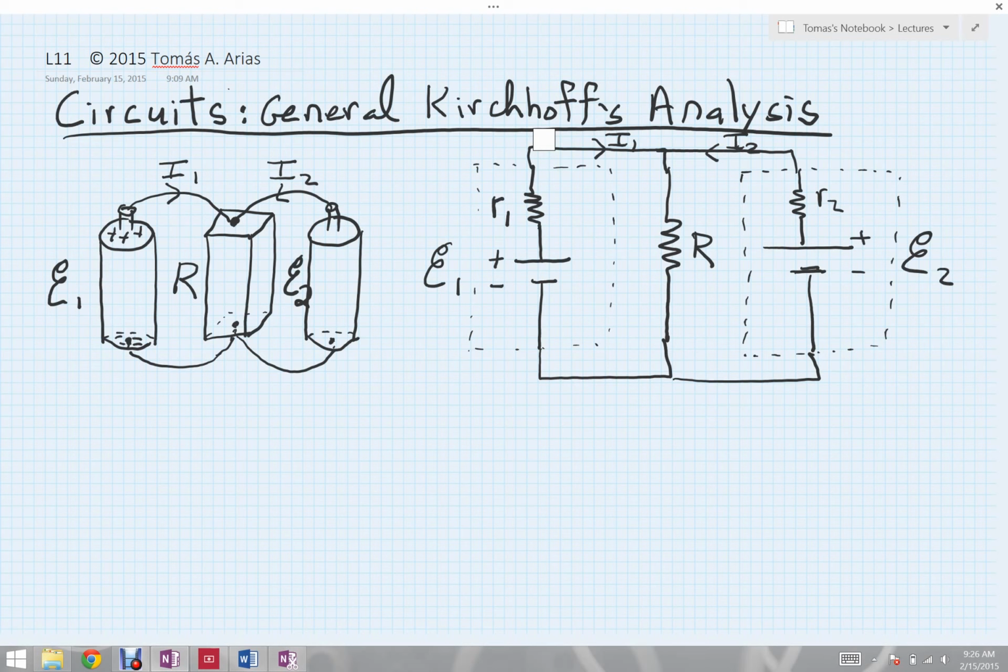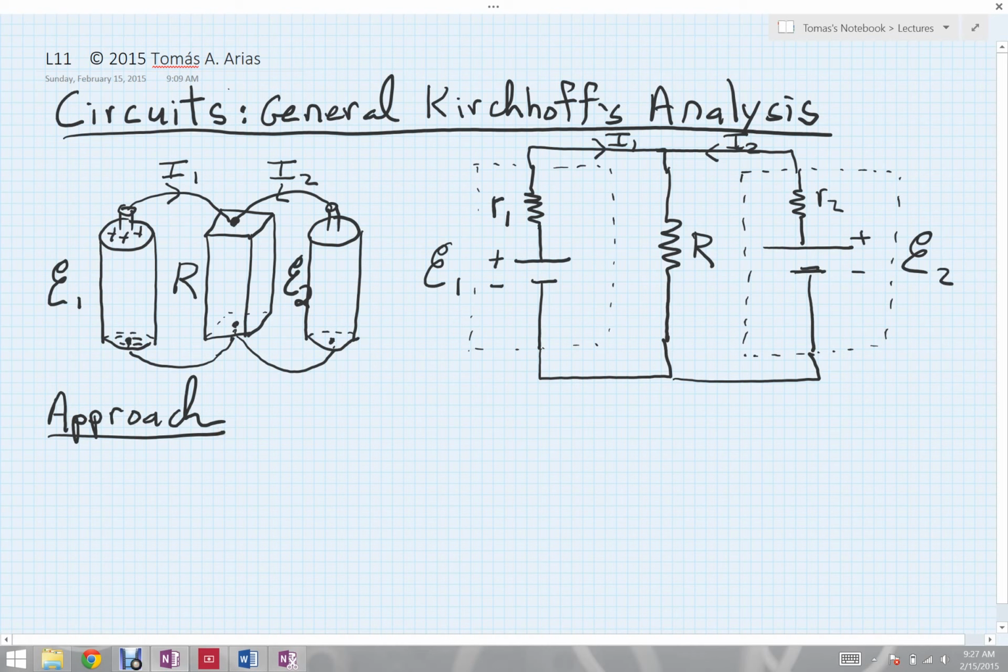So over the years, I've developed an approach which is guaranteed to keep your work as simple as possible. What this approach will do is limit the number of unknowns that you have to deal with, and also limit the number of equations to exactly the minimal number, so that you can solve for the circuit behavior much more easily. My approach goes in two steps.